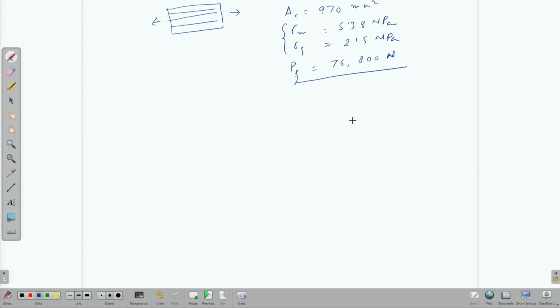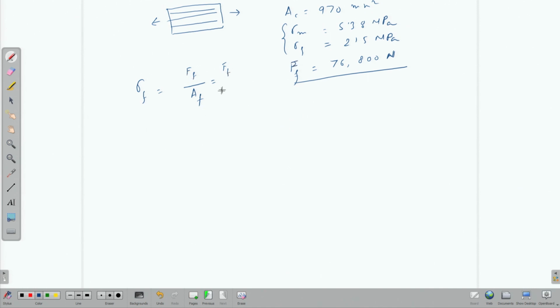So, in this case what you will do first, you know that sigma f is equals to F f over A f. That is basically F f or P f, whatever you write. In this case, we are writing P f. So, let us write as F f.